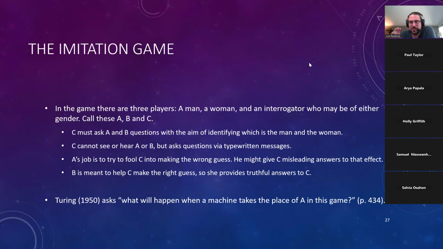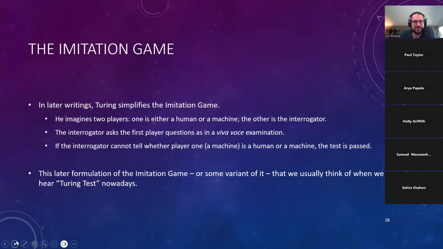Now the question is, what happens when we replace one of these players, let's say A, with a machine? If the machine was convincingly human-like in its conversational abilities, we would have to grant that it's human or that it is thinking.